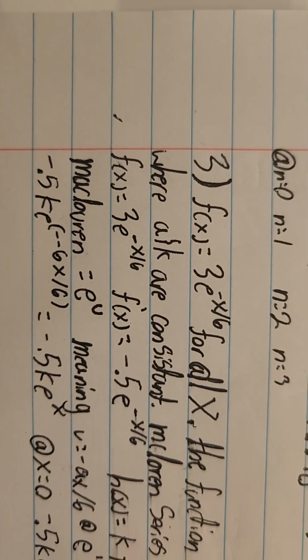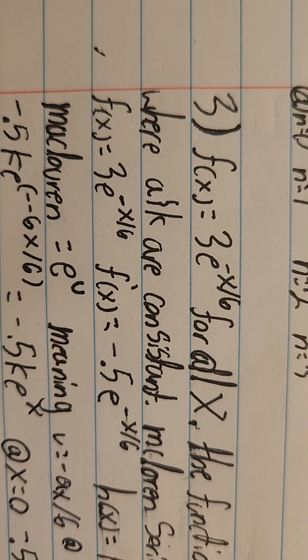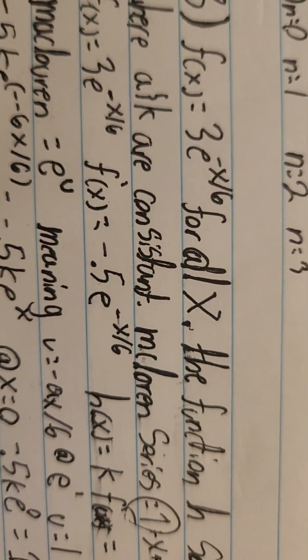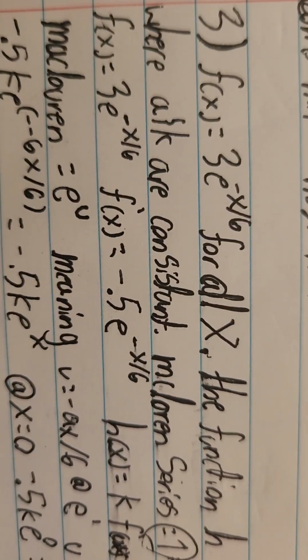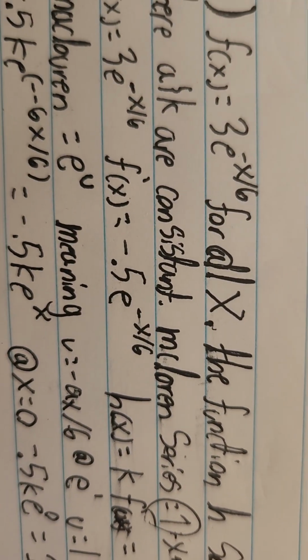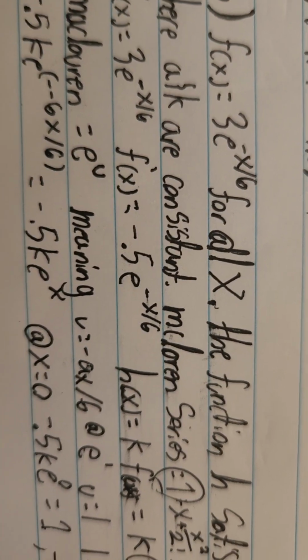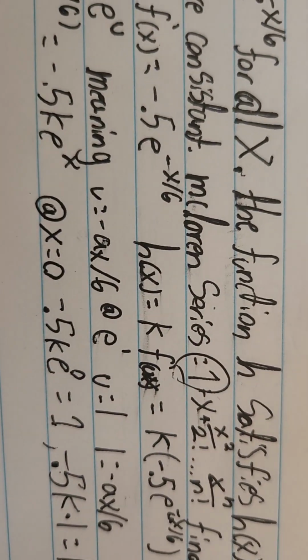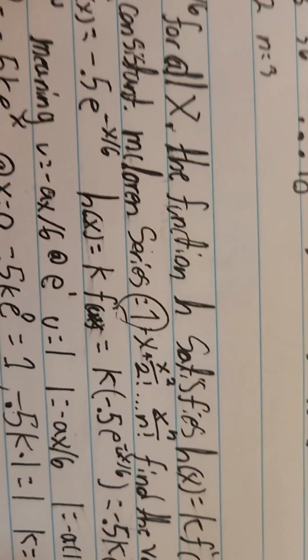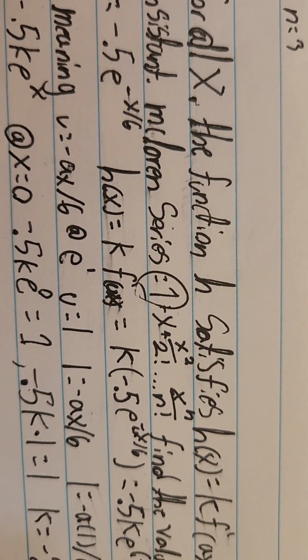So the first step was to find the derivative of f, which is negative 0.5e to the negative x over 6. I wrote 0.5 because I thought it'd be more space effective than a 1/2, because I don't like cramping my fractions, but I still do it a lot. And then h of x just equals what was said before.